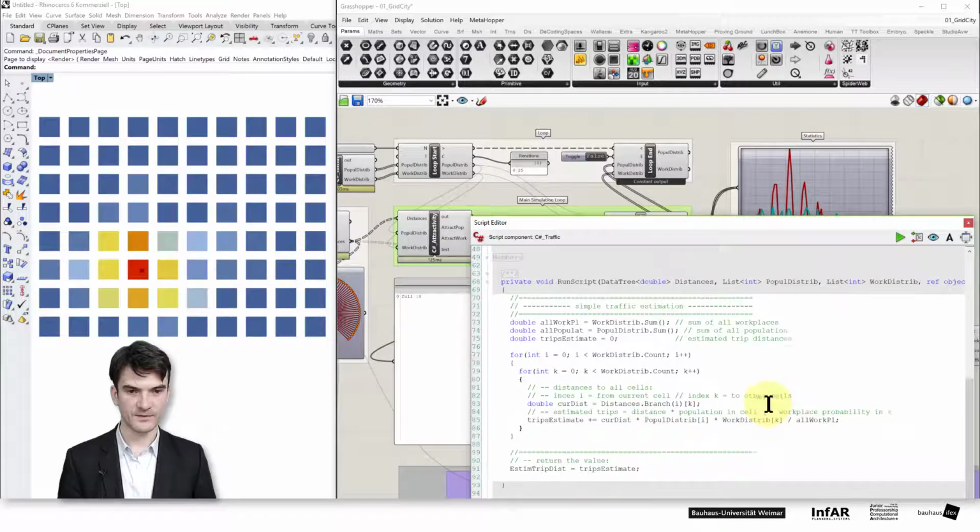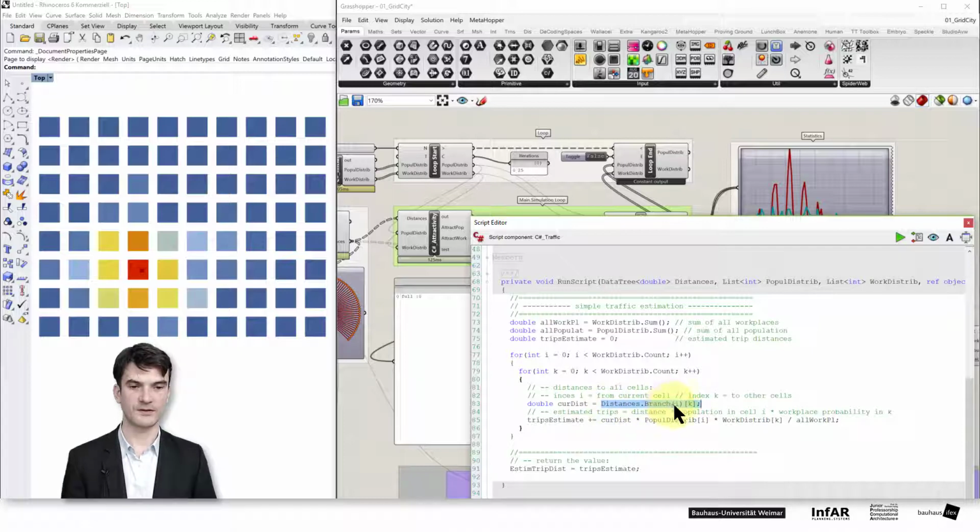How does it work? It's a very simple formula. What I do here is compare all pairs of population or household distribution in the grid city with the workplace distribution. That's why I use a nested loop again to have this pairwise comparison. And I use my distances from my distance data tree.